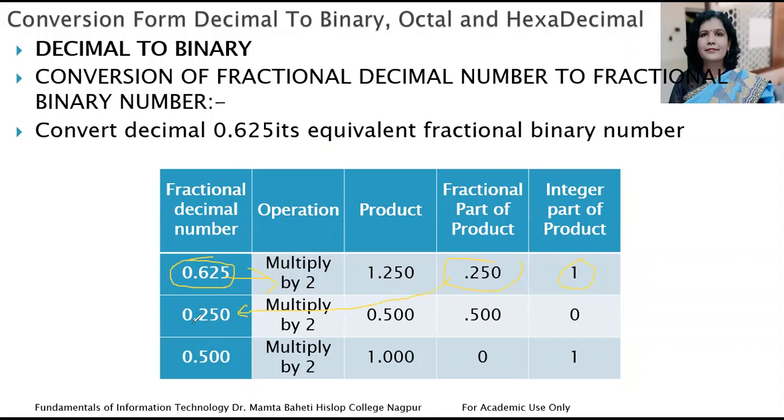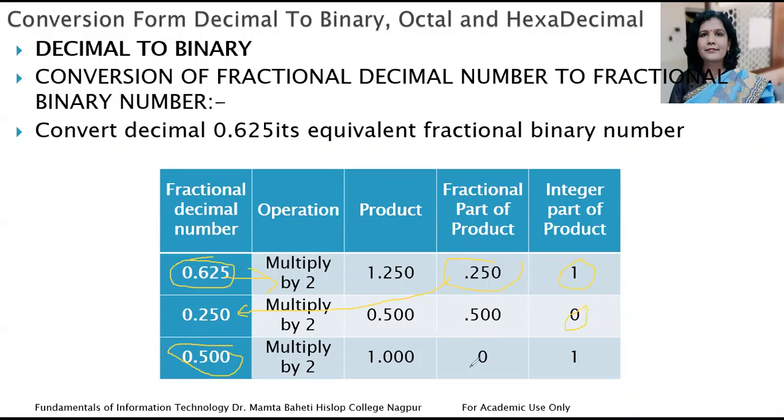The next multiplication will be carried out like 0.250 times 2 will give you 0.500. So 0.500 will be your fraction and 0 will be your integer. For the next multiplication, separate the integer part and just consider the fraction part. So 0.5 multiplied by 2 gives me 1.